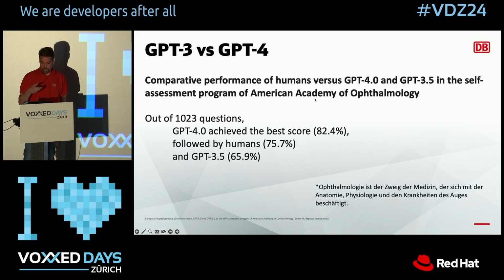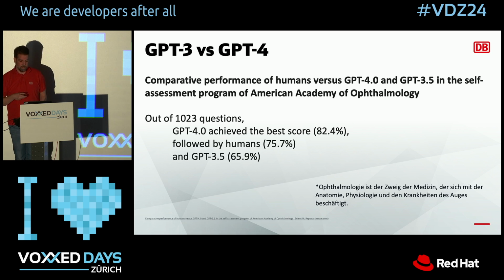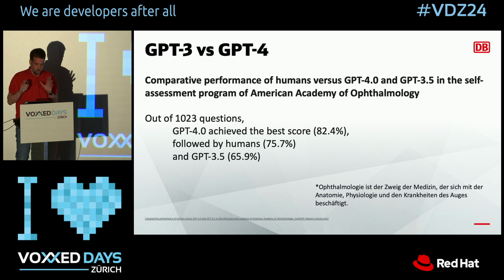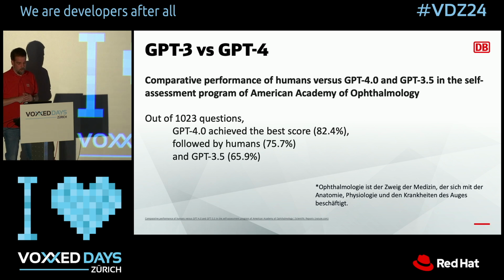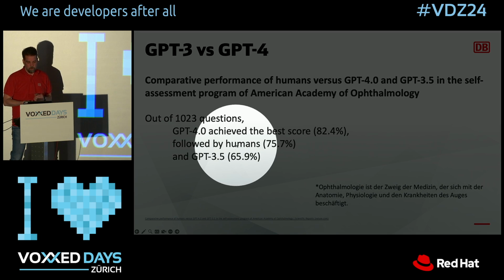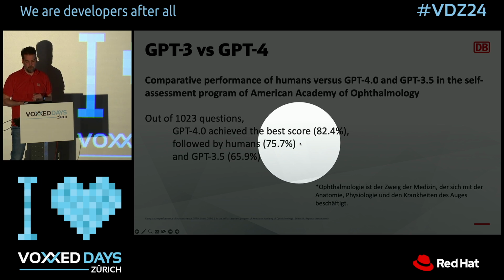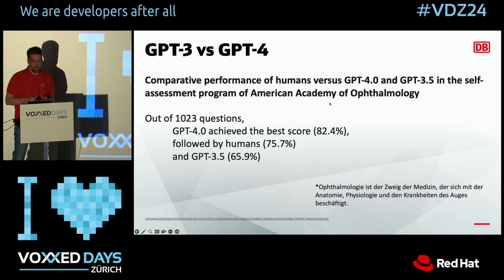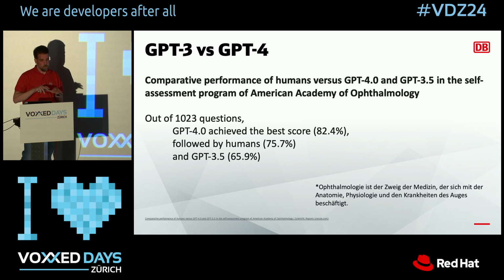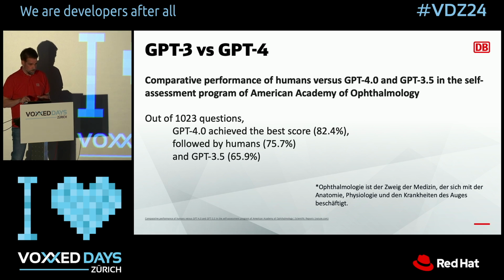That is another comparison. There is an academic test, and there are lots of tests which they have applied to those models. GPT-3.5 scores 65%, the average human 75%, and GPT-4 82%. The reasons why those models reach those scores are different.